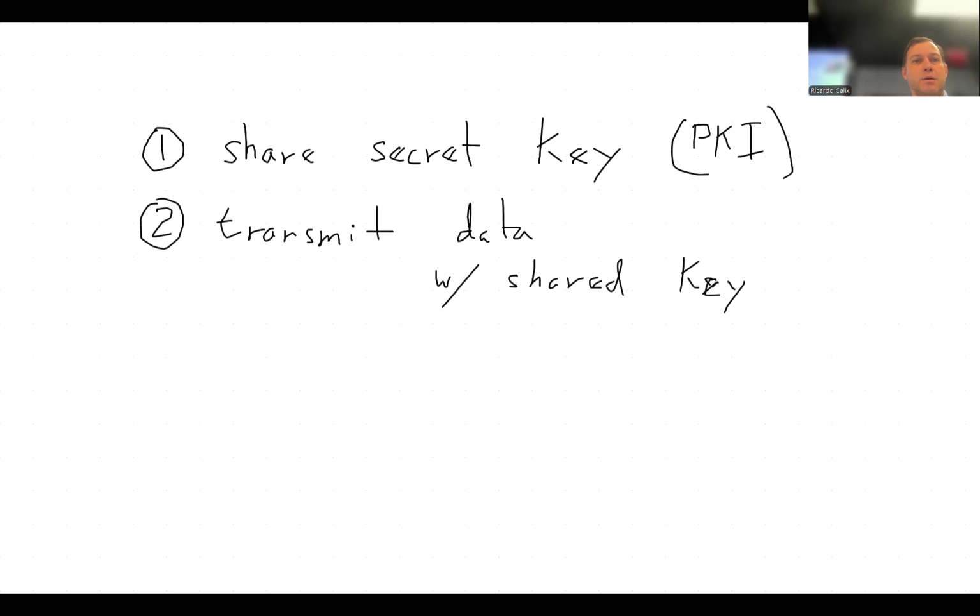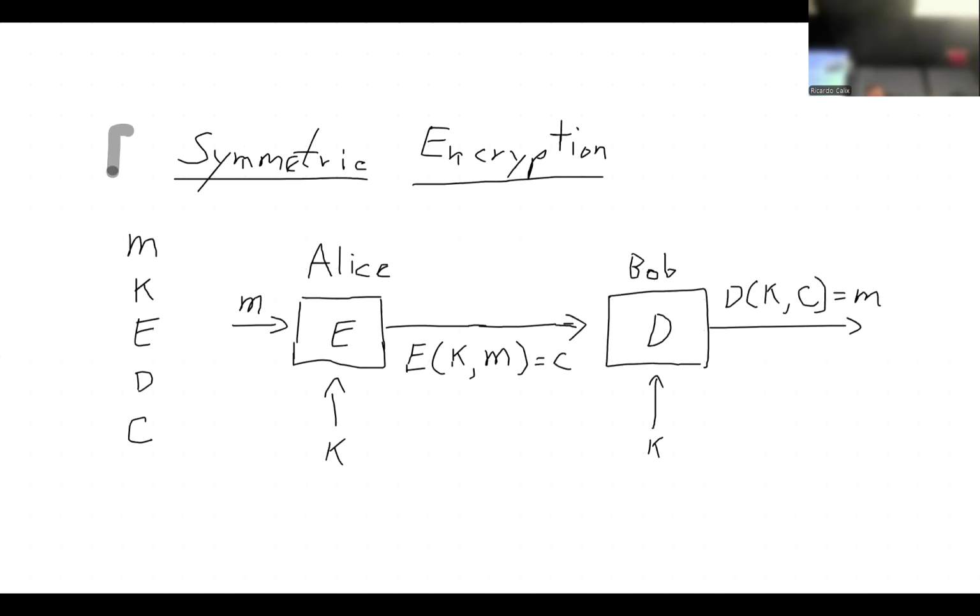So I started with one of the primitives, which is symmetric encryption. Forget about the key exchange for now; that's later in the semester. But assuming we've shared the secret key somehow, then we can start to encrypt, and the process is basically this one, as I discussed.